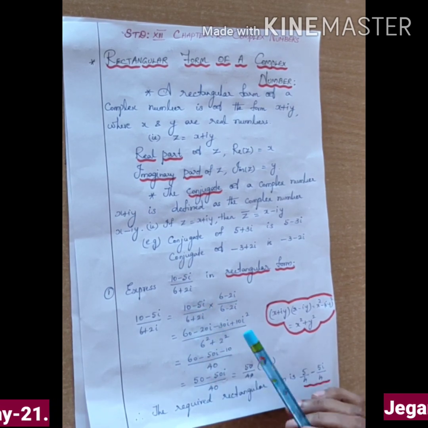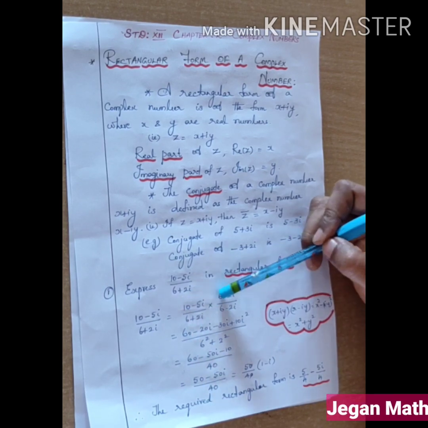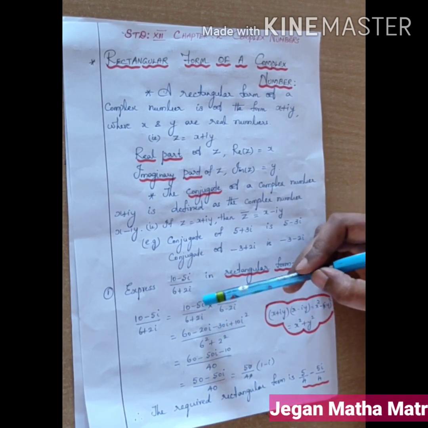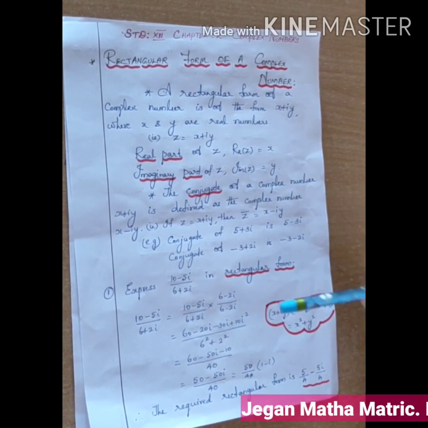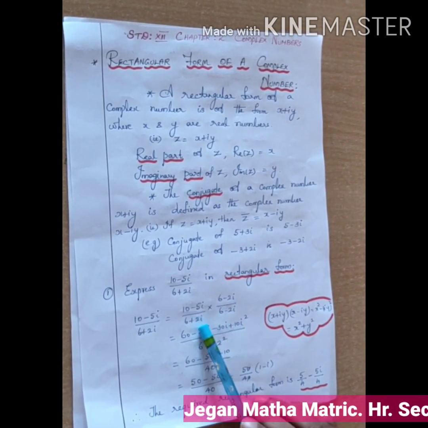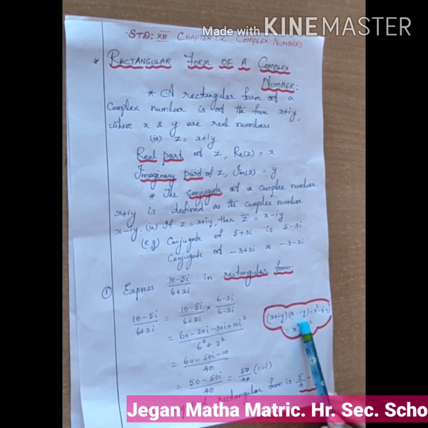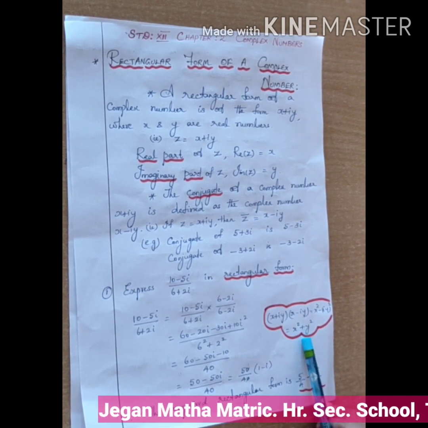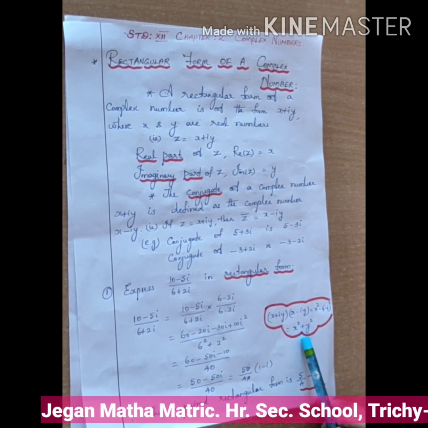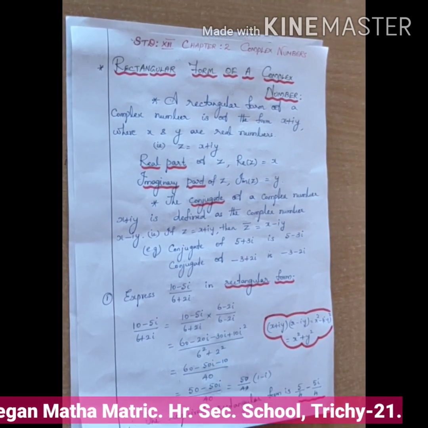Now the numerator part, what we have studied in algebra, like that you have to expand. 10 into 6, 10 into minus 2i, minus 5i into 6, minus 5i into minus 2i, divided by 6 plus 2i into 6 minus 2i. The denominator part always you can remember, x plus iy into x minus iy is equal to x square plus y square. Since the value of i square is equal to minus 1, denominator always will get only the squares of those two numbers.